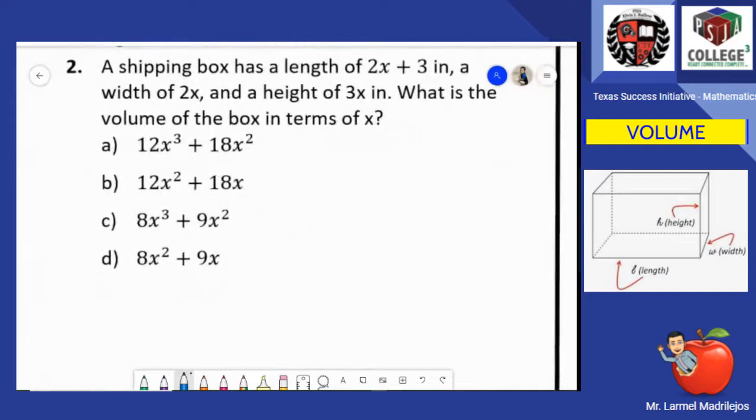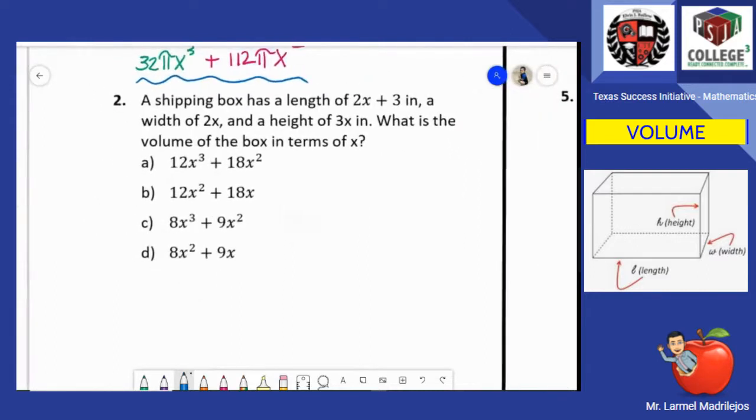That's the easiest way to visualize it. Let's draw a box. It's not perfect, but okay. So my length is this, my width and my height.